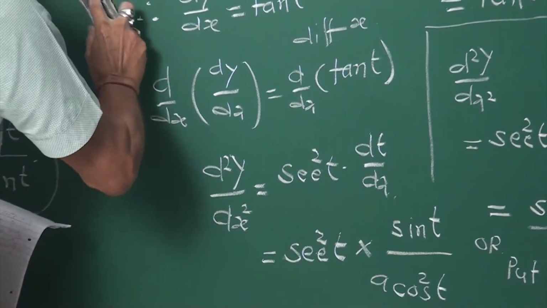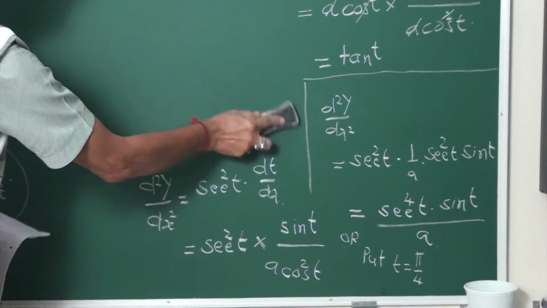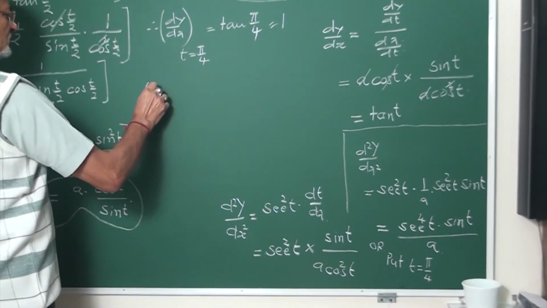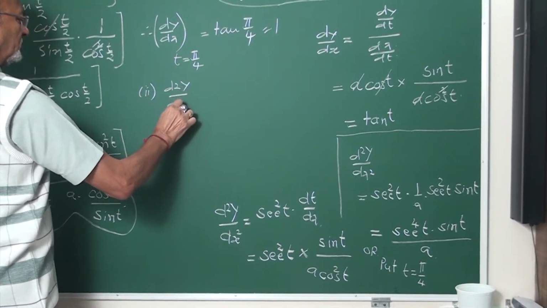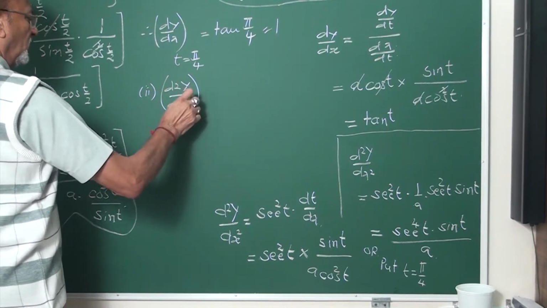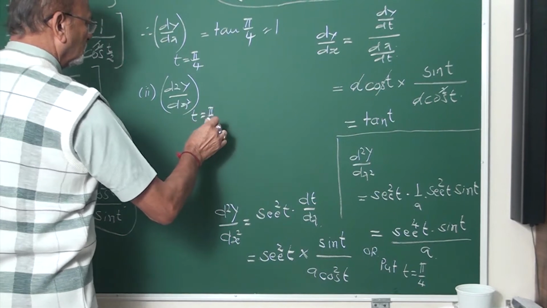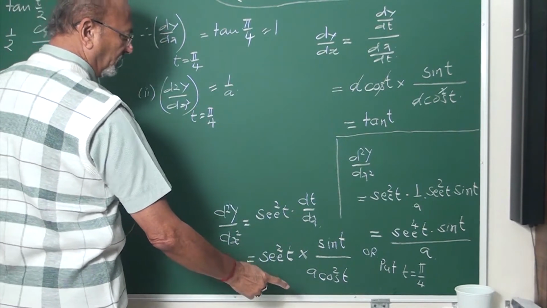d2y by dx2 at t equal to pi by 4 is 1 by a, it is there, my friend.